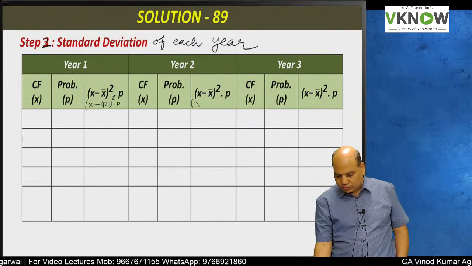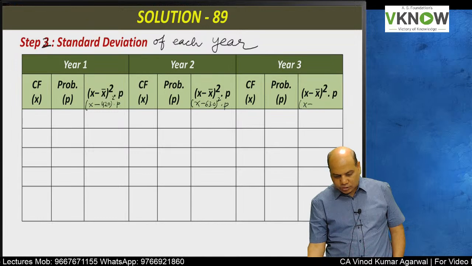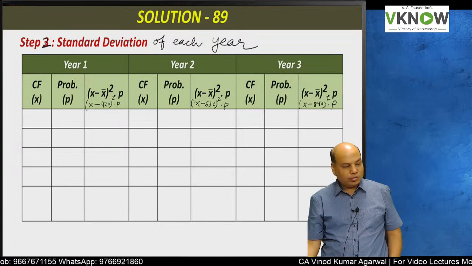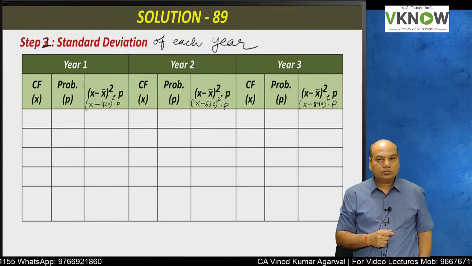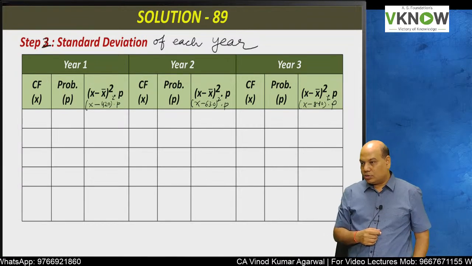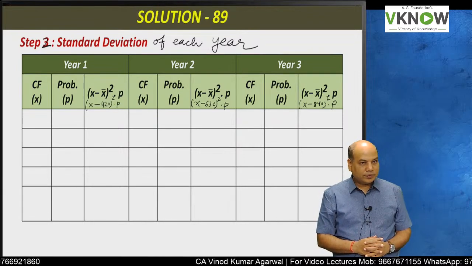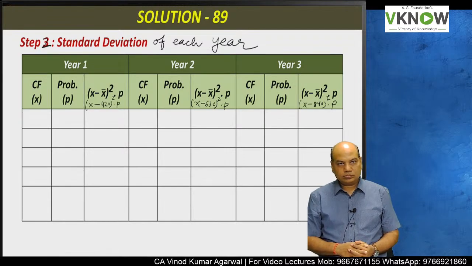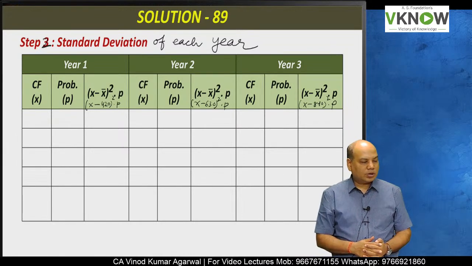In year 2, x bar is 630 expected cash flow, and in year 3 x bar is 840. So if you are interested, you can write that also. Later on we should not forget. Okay, so write down please.